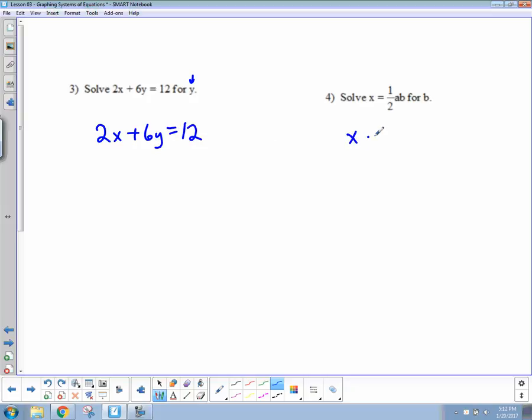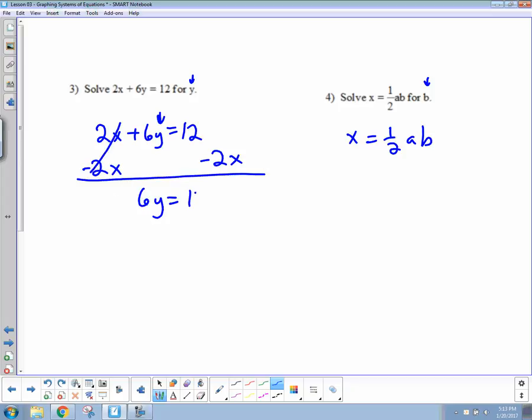All right, here we go, solving for y. So subtract 2x from both sides. Draw your line, cross those out, because that's going to be 0. 6y, 12 minus 2x. Divide by 6, because they're being multiplied. Opposite of multiplication is division. What you do to one side, you do to the other.